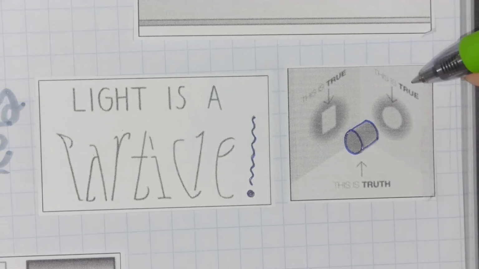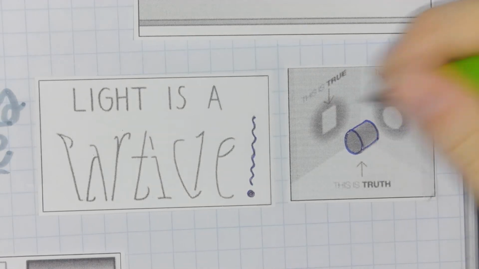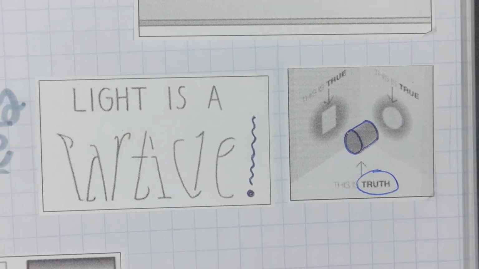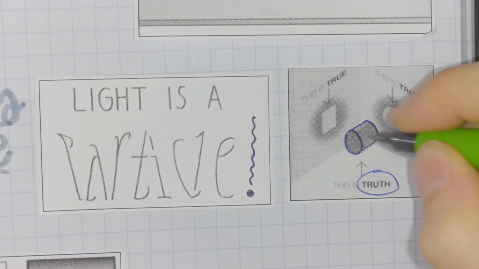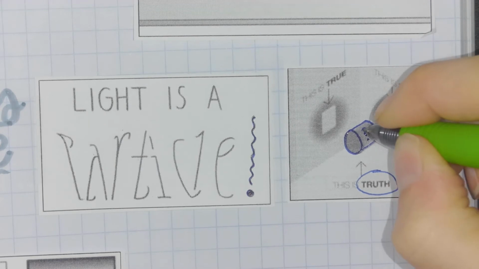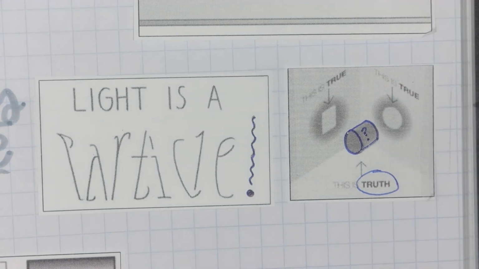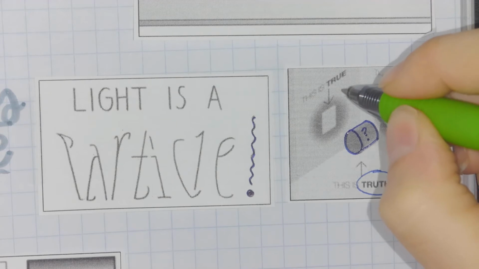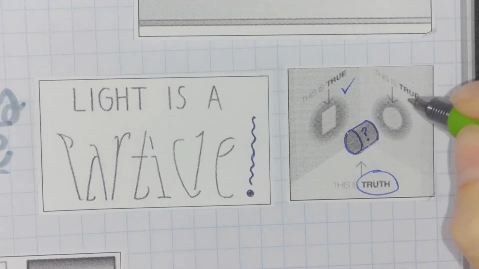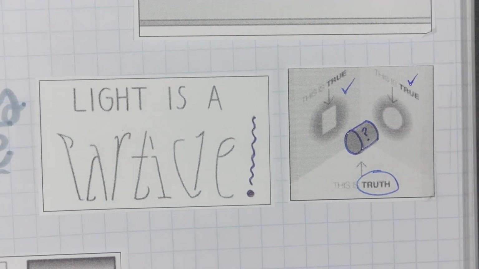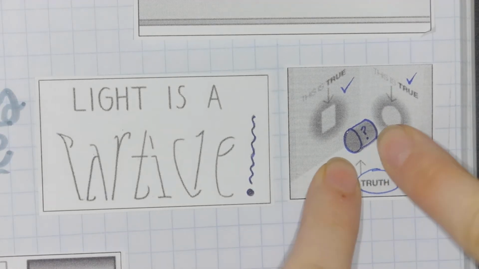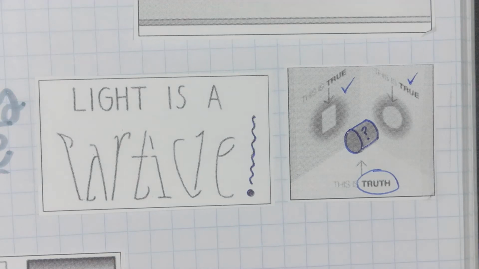This is true, this is true. There's evidence supporting both, but the actuality is more complicated. It's kind of how light is. We don't really understand the cylinder, but sometimes the experiment says light is a particle, and sometimes it says light is a wave. So we're going to come at this from both approaches since we don't really understand the actual phenomenon itself in the middle.